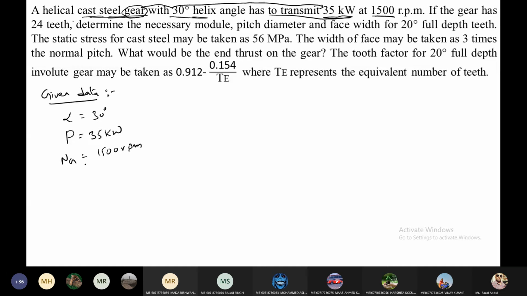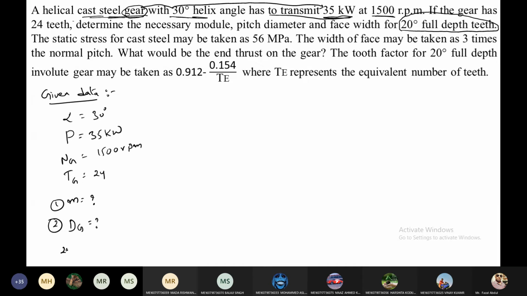If the gear has TG 24 teeth, determine the necessary module. First question. And next one, pitch diameter dg, how much? Second question. And with a 20 degrees full depth involute system, the system of gear is mentioned here.